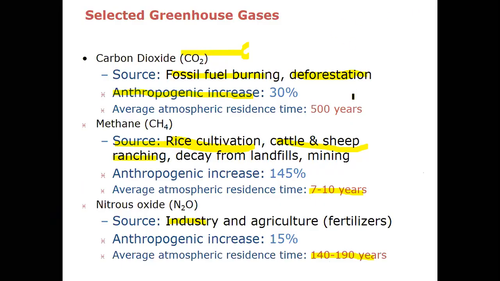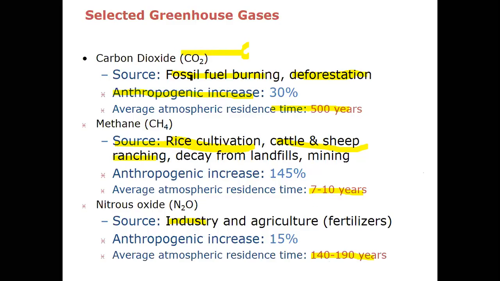That's why the residence time is mentioned. The residence time of CO2 is 500 years, and methane's residence time is 7 to 10 years. So when we consider the residence time, methane is not as harmful as CO2.